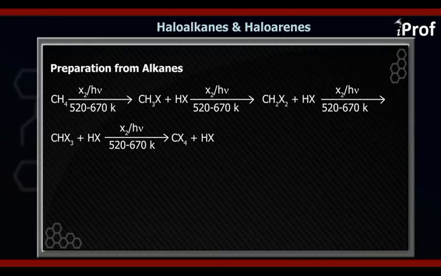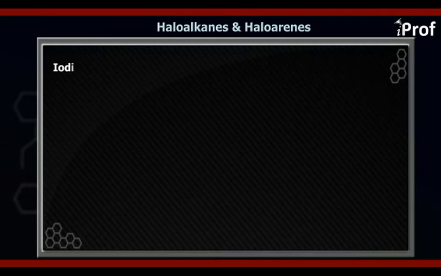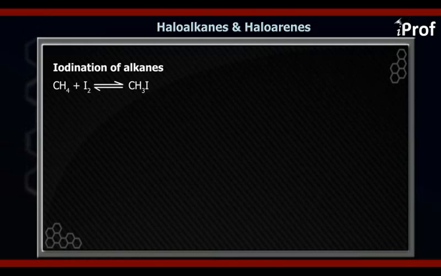Now similarly, in this reaction of halogenation of alkanes, if we carry out the iodination, that is CH4 with the iodine molecule, I2, in the presence of sunlight and the same reaction temperature, 520 to 670 Kelvin, it forms CH3I plus HI.